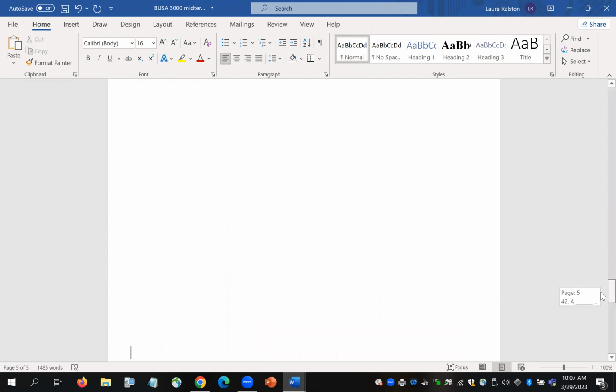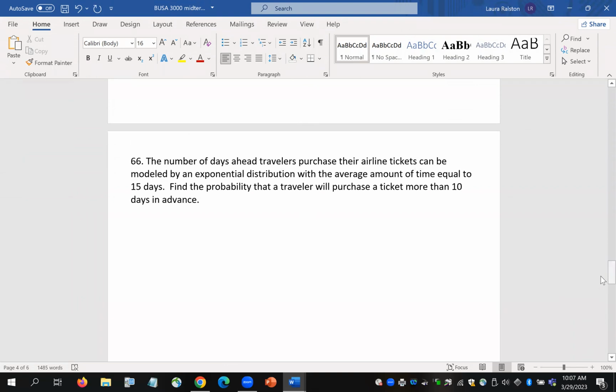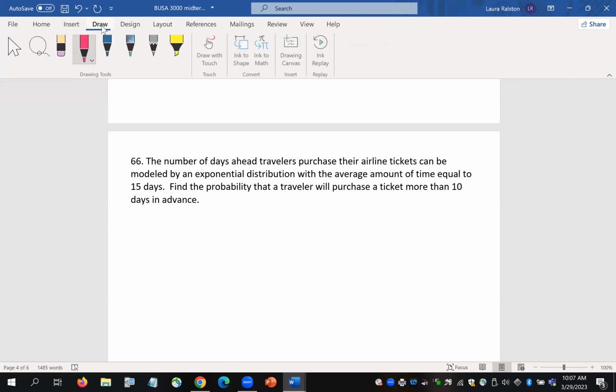Okay, question 66 says, the number of days ahead travelers purchase their airline tickets can be modeled by an exponential distribution with the average amount of time equal to 15 days.